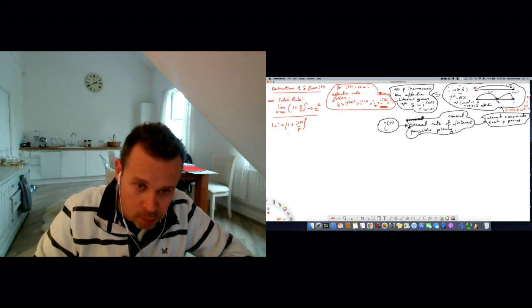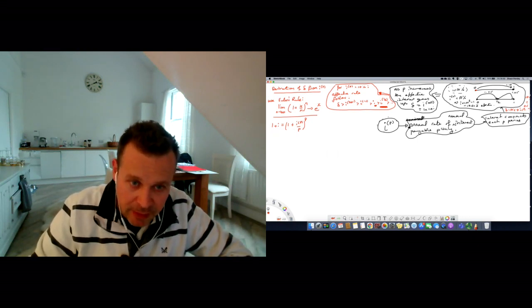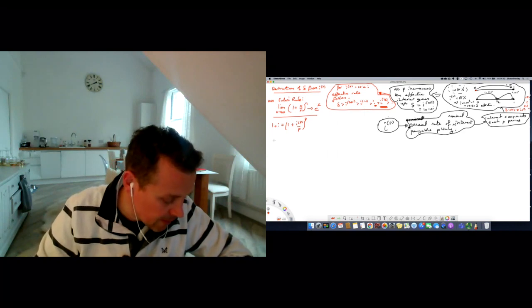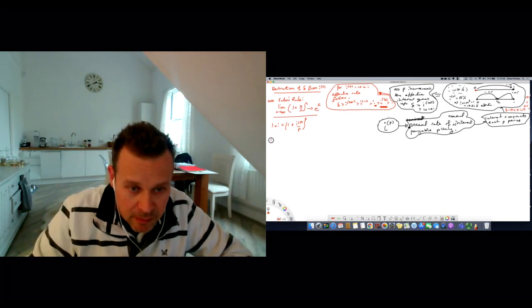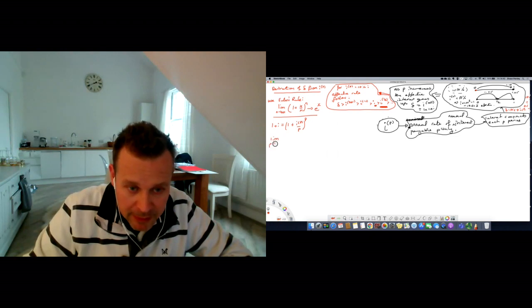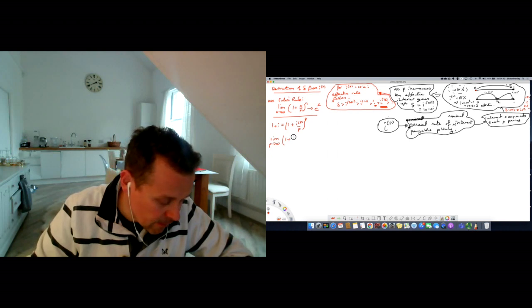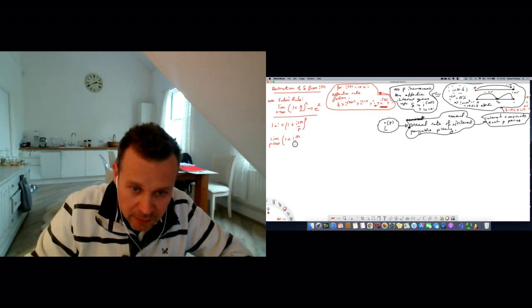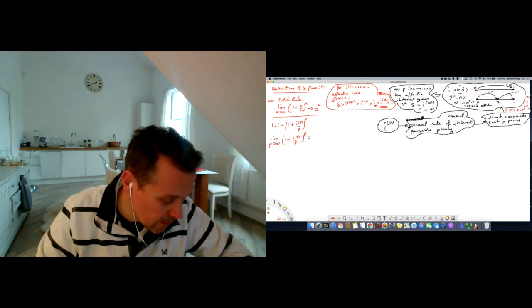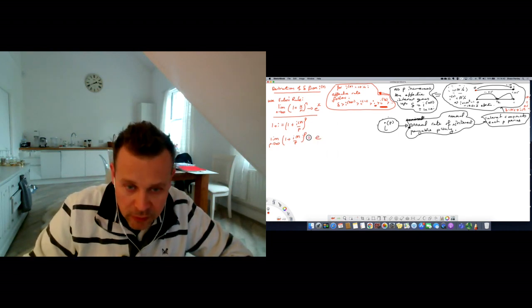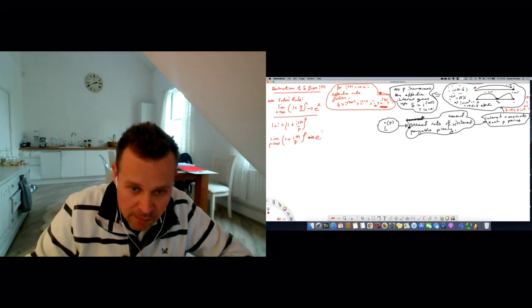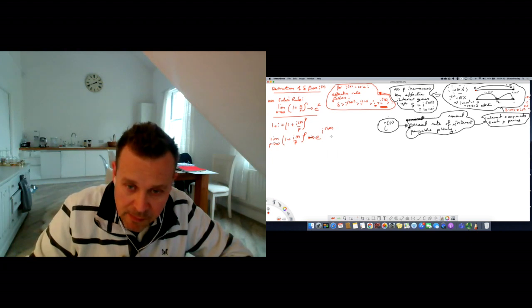Good. So we've got this. Now we're going to apply Euler's rule to that. We're going to say the limit where p tends to infinity of (1 plus i to the p over p) to the p, which tends to e to the i infinity, and we'll define that as delta.